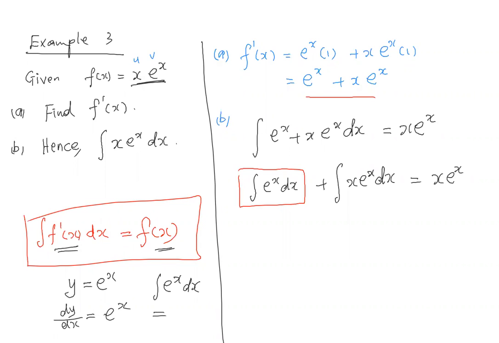E to the power x. The other way around. Am I right? So what is the answer for this integral? E to the power x plus c. Now, can you solve the problem already?